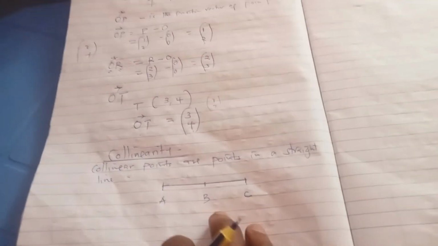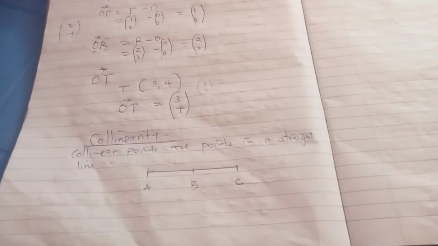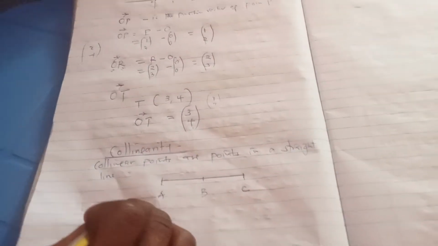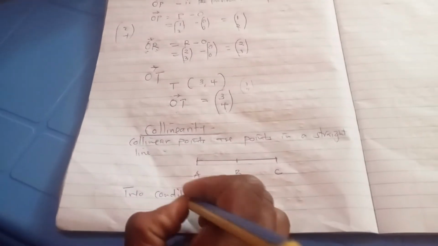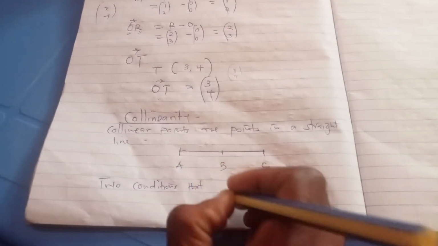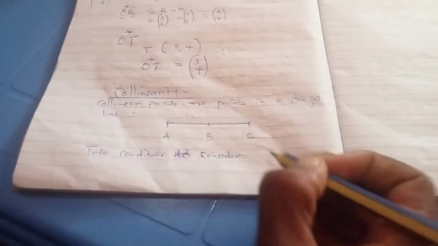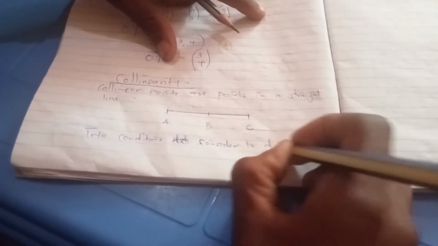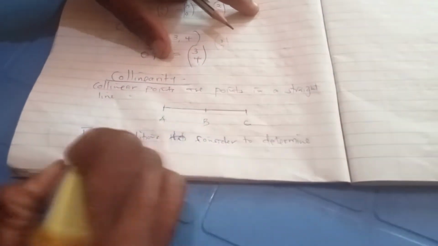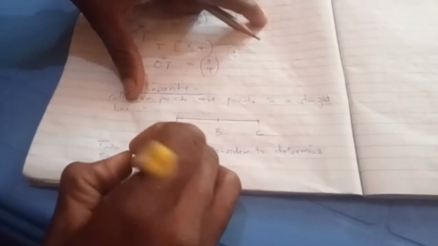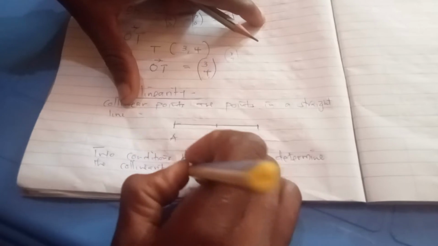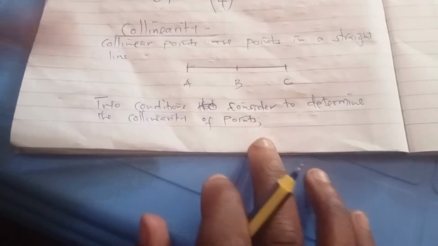To justify the collinearity of points in vectors, there are two conditions to consider to determine the collinearity of points.